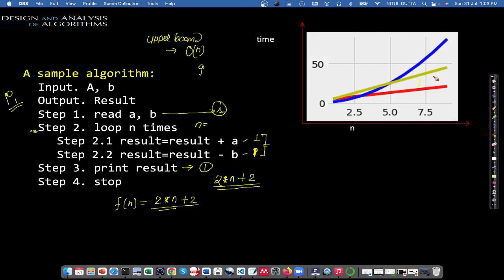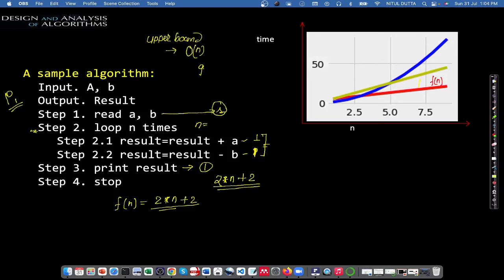Our objective is to find a graph which, after a certain point, will go above this f(n), and that would be considered the upper bound of this time complexity.